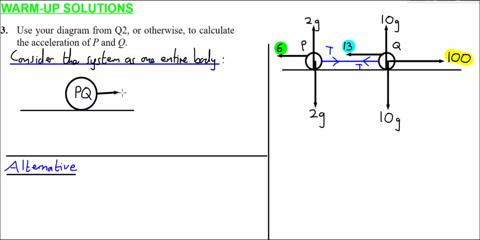Going this way, the only force driving the system PQ forward is this 100 Newton force. The forces resisting the motion, we have two of them: 6 on P and 13 on Q. We can combine these into one. 6 plus 13 means there's a 19 Newton force holding it back.